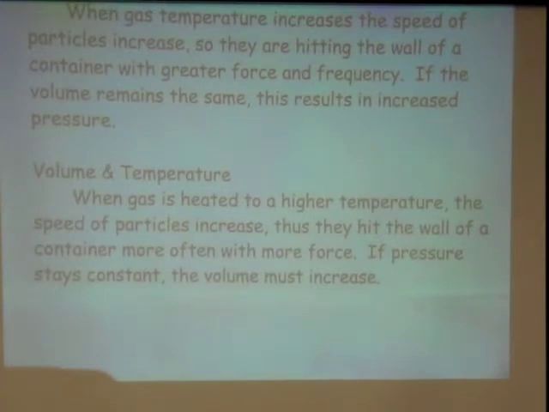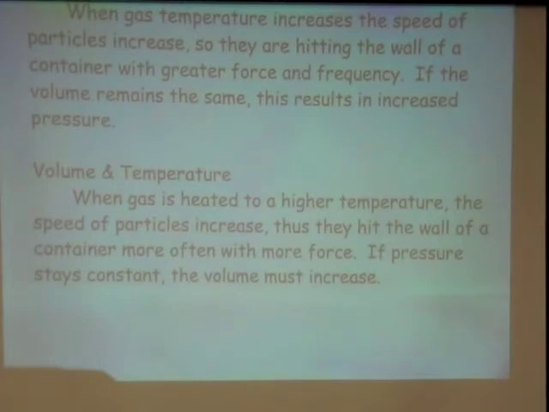Now, if we are in a situation where we want to keep the pressure constant, the only way that can happen is if the volume of that gas increases. This one's a little different, because in this one we do really have to take into account that we're keeping the pressure constant, keeping equal pressure inside and outside.